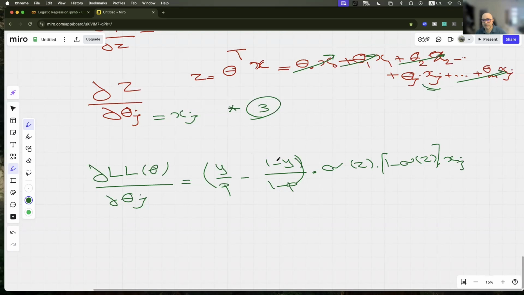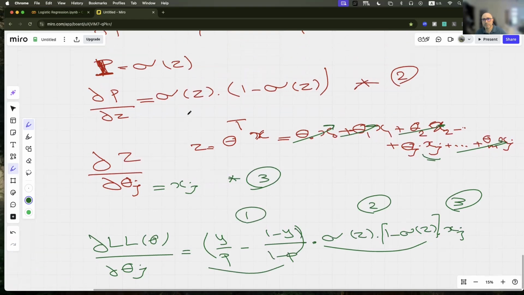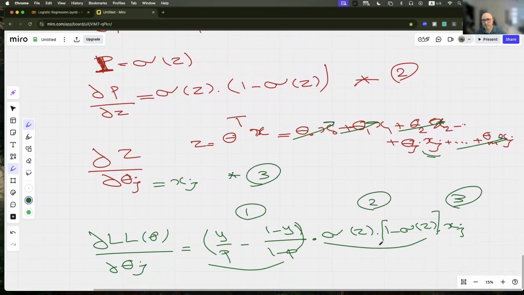So we have three terms. This is coming from the third term, this is coming from the second term, and this is coming from the first term.